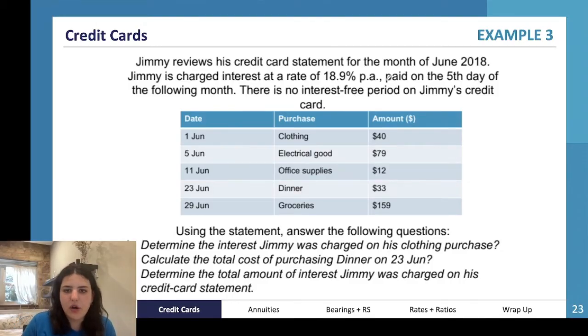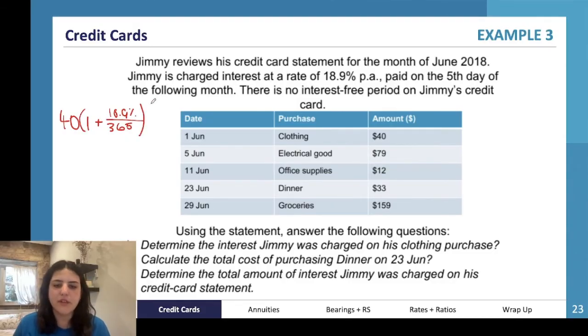It is paid on the 5th day of the following month. So he paid $40 for clothing. The rate is 18.9% per annum. So we do 18.9% divided by 365. And it's the 1st of June to the 5th of July. So there are 30 days in June. So we'll do, including date of purchase, 30 days plus the 1st, 2nd, 3rd, 4th, and 5th.